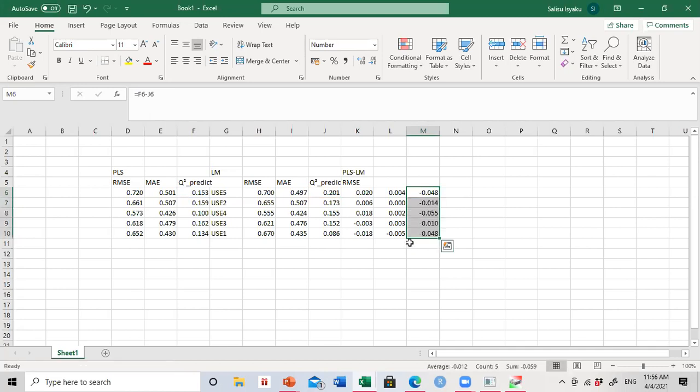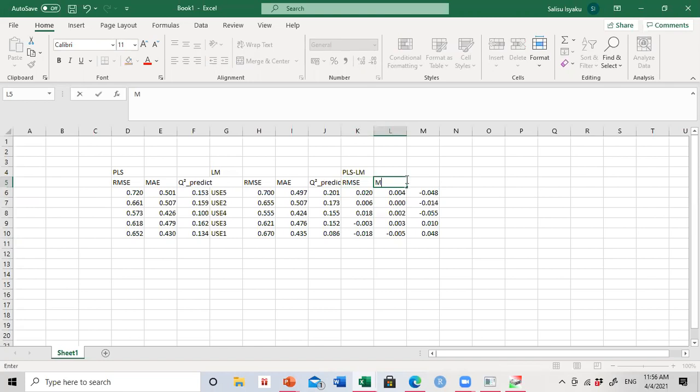Okay, so now this is our PLS result. This is what we want to see. This one is RMSE, this one is MAE, this one is Q predict, Q square. But what we want to see is these two.